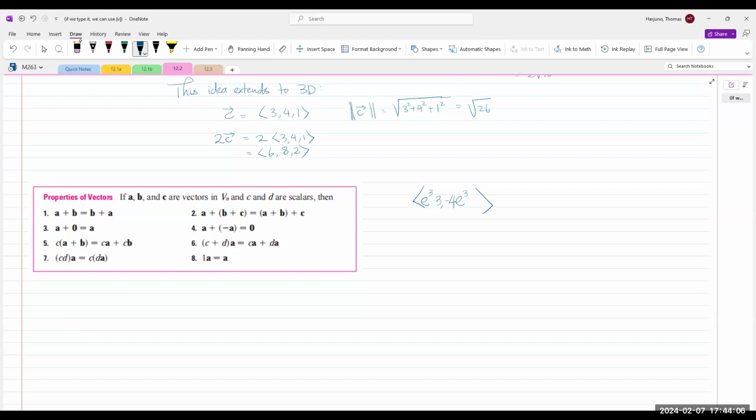And we want to compute the length. I'm sorry, I don't like that notation, very confusing. Let's say we want to compute the length of this. Now notice that it has common factor e cubed, right? You can factor that out first. And you end up computing the length of vector (3, 4), but you know that's 5, right? By the Pythagorean theorem.